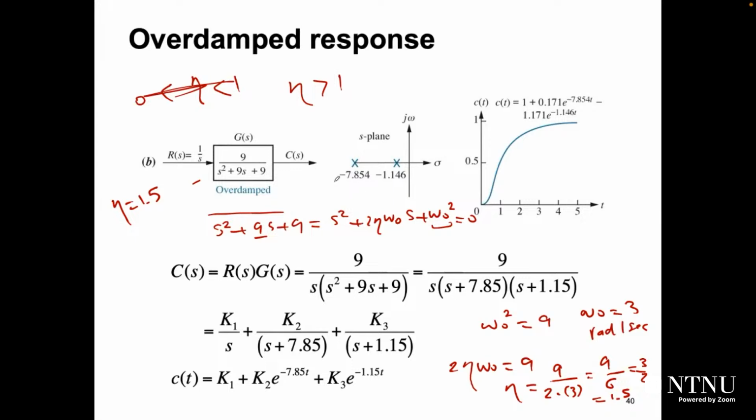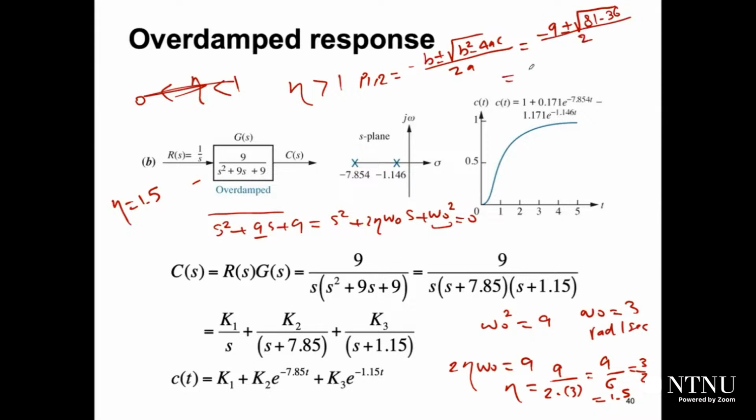We need to find my poles, so we will use the law. P1 and 2 equal minus B plus or minus the square root of B squared minus 4AC, divided by 2A. So it will be minus 9 plus or minus the square root of 81 minus 4 times 9, which is 36, divided by 2A, which is 2.